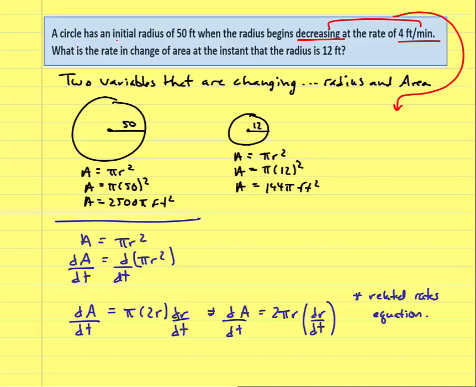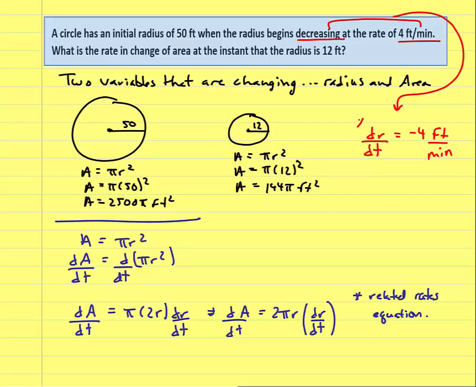The change in radius with respect to time, dr dt, is equal to negative 4 feet per minute. It's important to include units. Always include units throughout the problem, because if units don't cancel correctly, it's a good indicator that I have a mistake. So it's a good way to check your work.